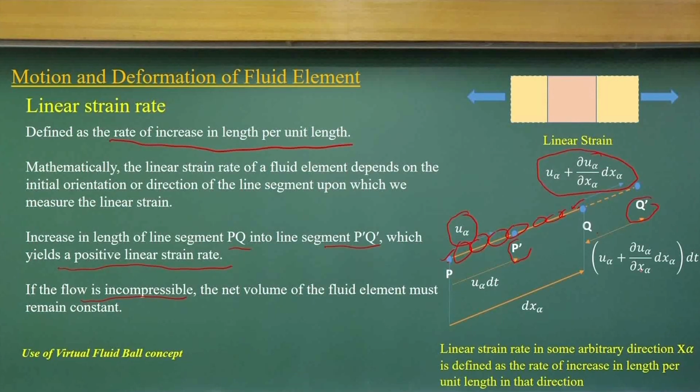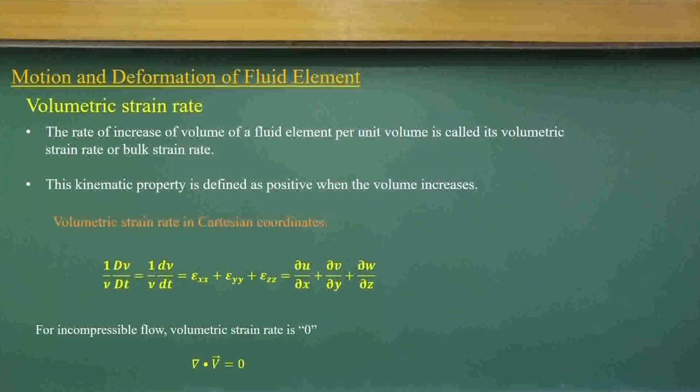From that we can compute the linear strain rate, which is the gradient of the velocity in the x direction, the y direction and the z direction. If I am looking for the volumetric strain rate, that will be the sum of these strain rates.